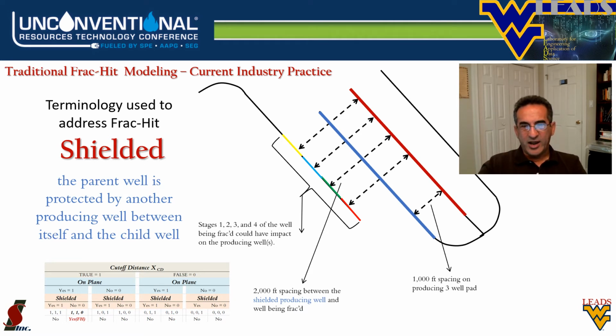If they're in the same plane, then the chance is for the blue well to get frac hit, not the red, the well shown here by red. Why? Because it's shielded by another well, and that shielding does not allow the other one to get frac hit. And that's what our industry is currently doing. We call it traditional Frac-Hit modeling.